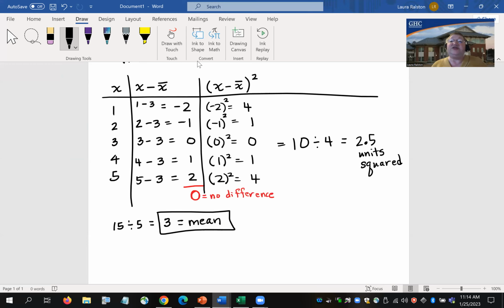Then we have Kamala. I'm going to do hers down here at the bottom. So for Kamala, we would have Z equals 8.7 minus 8 divided by 0.4. So I have 7/10 divided by 4/10, which is 0.7 divided by 0.4, which is 1.75.